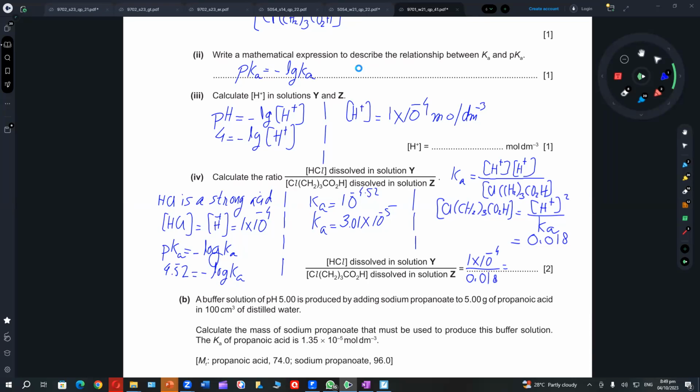Because the second acid is a weaker acid, but there is a problem, because the second acid, the chloro acid, is a weaker acid and its concentration is coming out more than HCl. So there is some doubt in the second answer, this 0.018, because it's a weak acid.